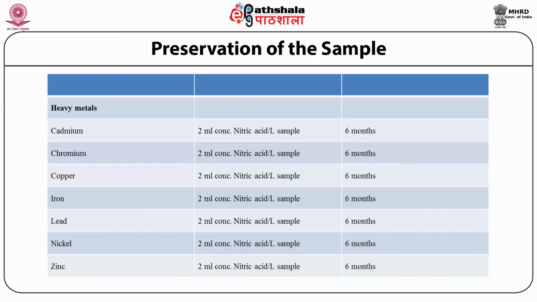It means we can determine the heavy metals up to 6 months after the collection of the sample. We can determine them any time, so it is a long period of preservation. So heavy metals can be preserved for a long period of time, and the other parameters have to be determined within 24 hours of the collection of the sample.